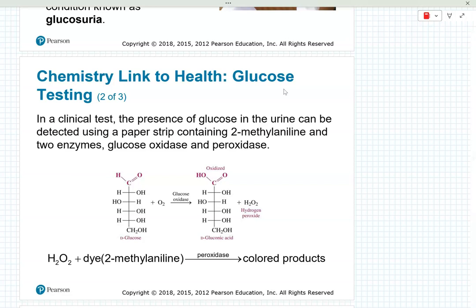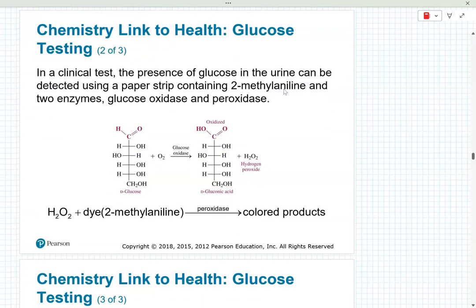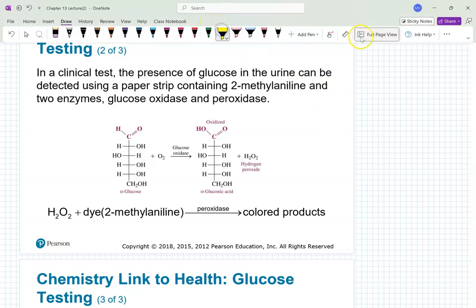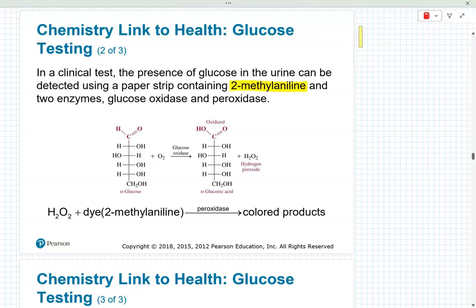Now, how do we detect it? Glucose can be oxidized, so there's a strip, and within that strip, there's a chemical indicator, the dye, 2-methylaniline, and two enzymes. So glucose oxidase converts glucose to gluconic acid.